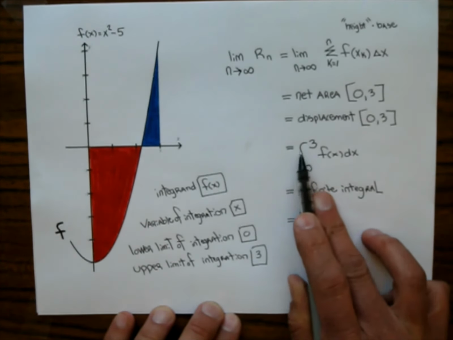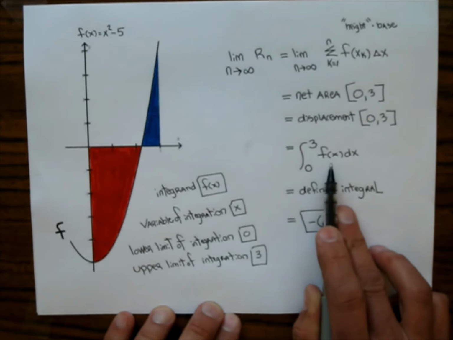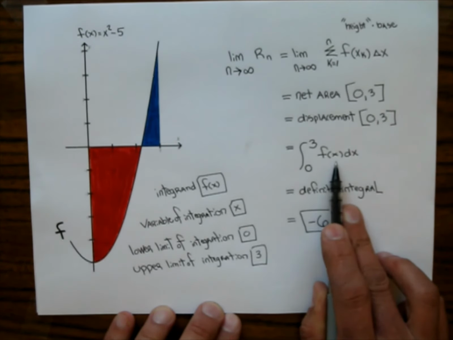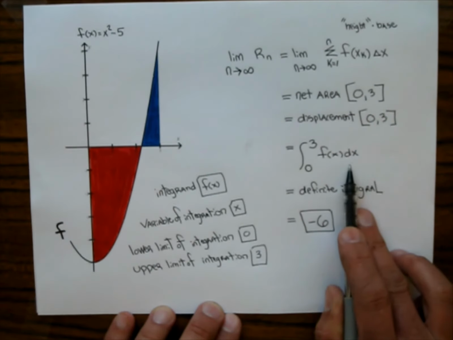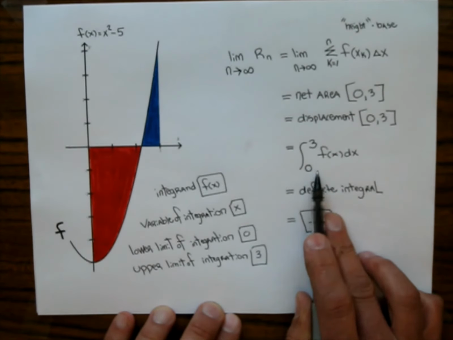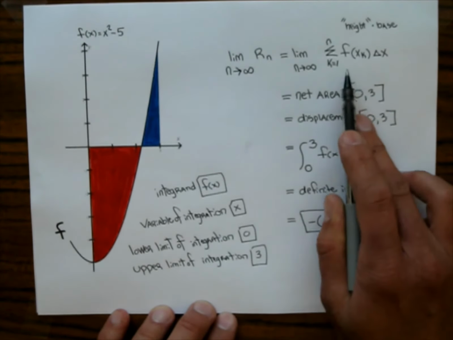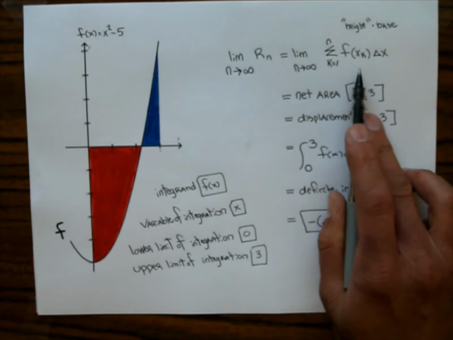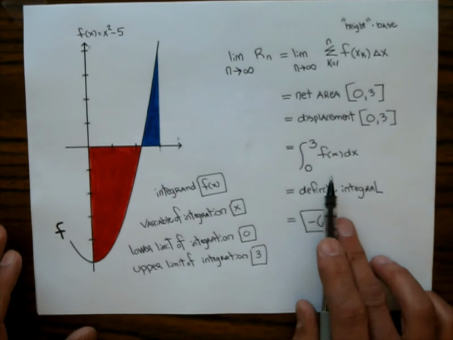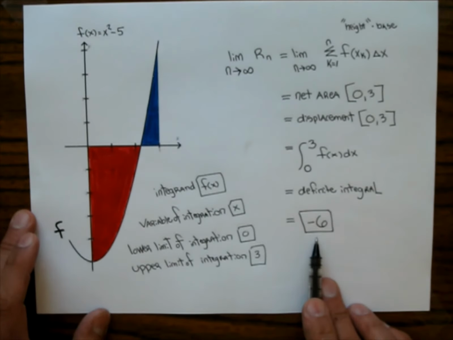And now what this means is you are making your rectangles go to infinity in terms of how many rectangles you have. Here's your function, f of x. And then here is delta x. Well, now it's dx. So you can see some similarities, and this right here is the limit of any general Riemann sum. So, and we have -6 for our answer.